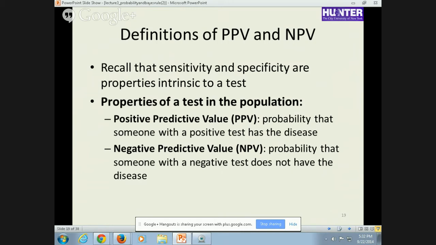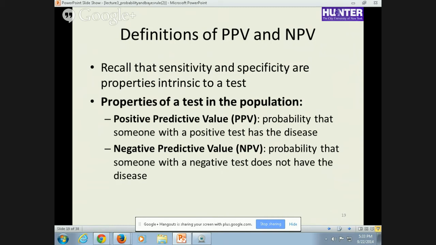Once again, the sensitivity and specificity, those are properties of the test. There's a trade-off between them for a given test depending on where you set the threshold. And then positive predictive value and negative predictive value, which is like positive predictive value, but for the negative cases, those are properties both of the test and the population.